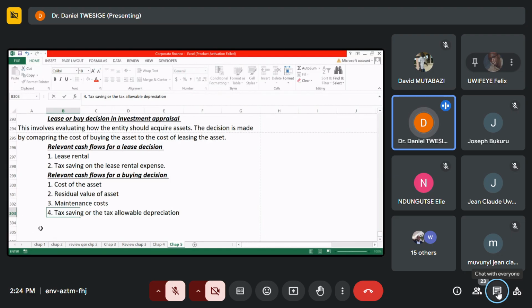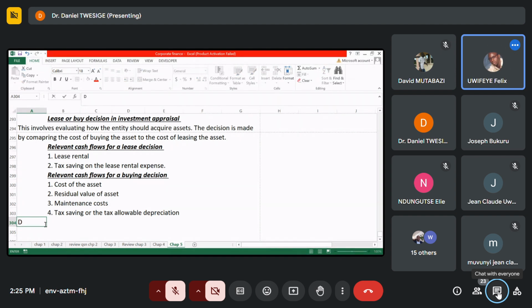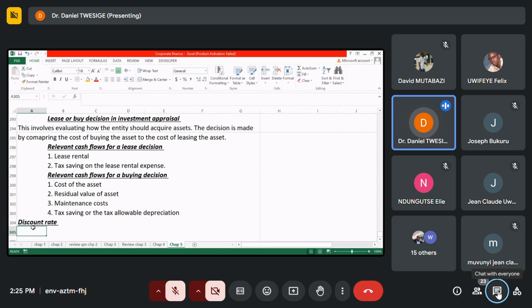So another important aspect here is a discount rate. So how are we going to discount our cash flows? The discount rate is going to depend on how the proposal to buy the asset. How are you going to buy the asset?